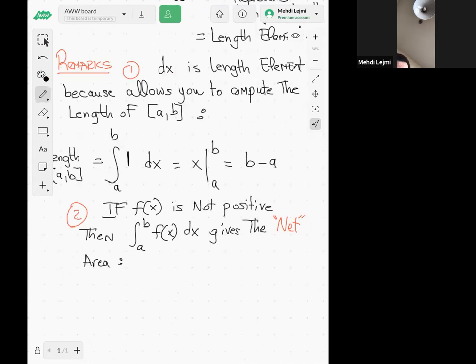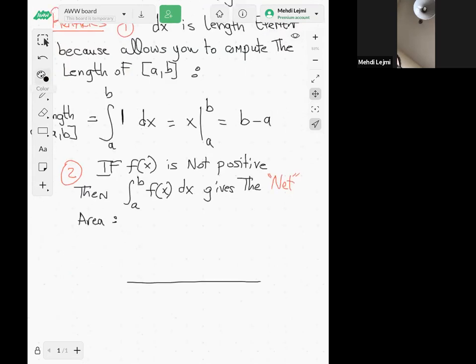So if you have, let's say, some function f which is not positive, and you have this interval AB, and here's your function f of x, then the region S bounded by the x-axis and your function f would be this one here.